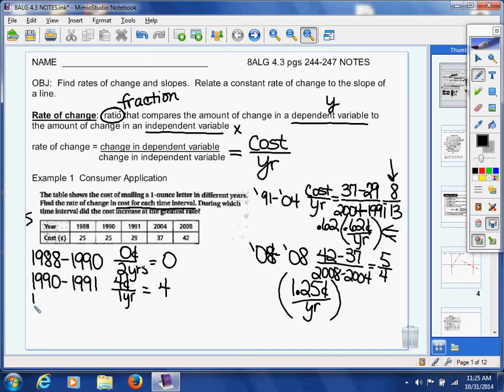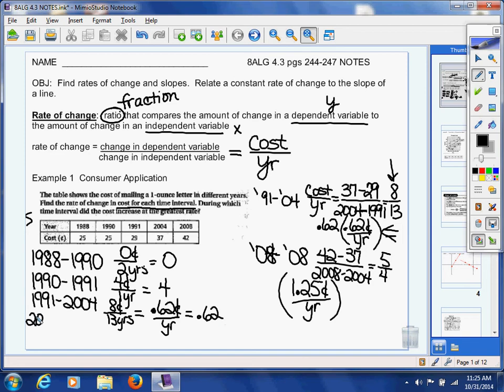And then from 91 to 2004, we noted a change of 8 cents in 13 years. And remember, I made that correction. I said there's an increase of a little over half a penny per year, okay, as you may recall. So that's going to actually be a rate of change of just 0.62.